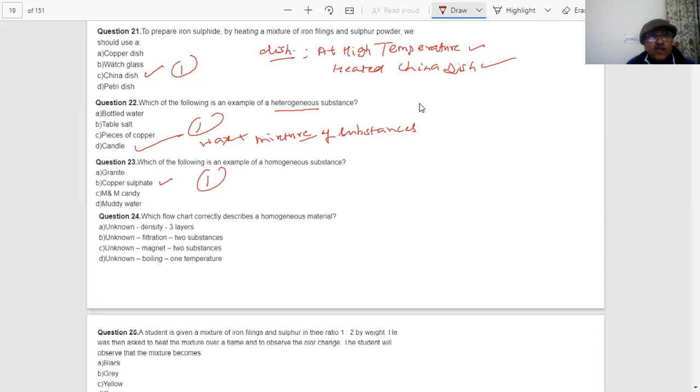If you boil, student, it will boil at one temperature. That is the correct answer. Unknown boiling at one temperature is the correct answer. You are getting one full mark for that.